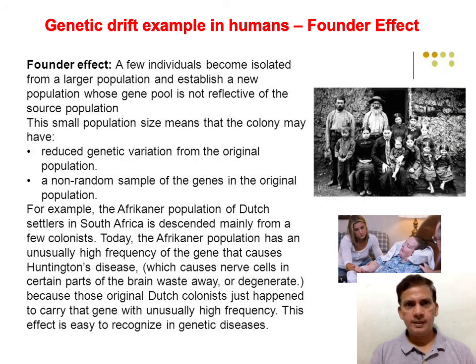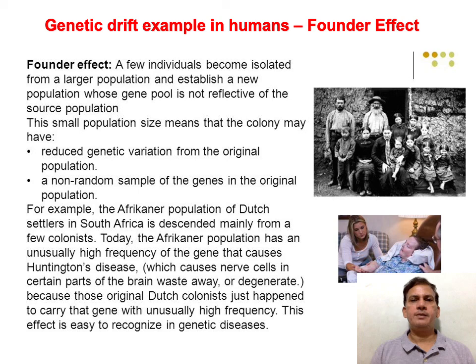This is an example of the Dutch African population, the Dutch in South Africa. They descended from a few colonists, and today this population has a bit of an issue. There was one recessive gene associated with Huntington's disease.